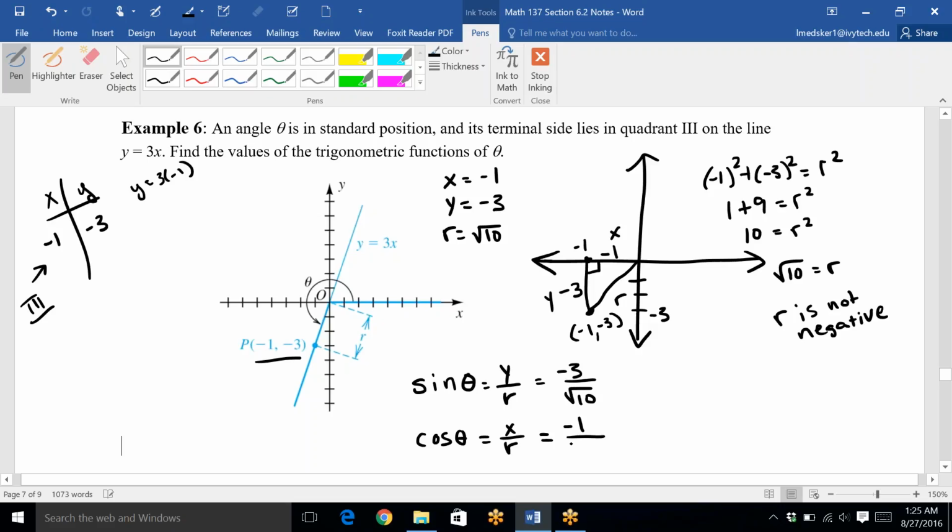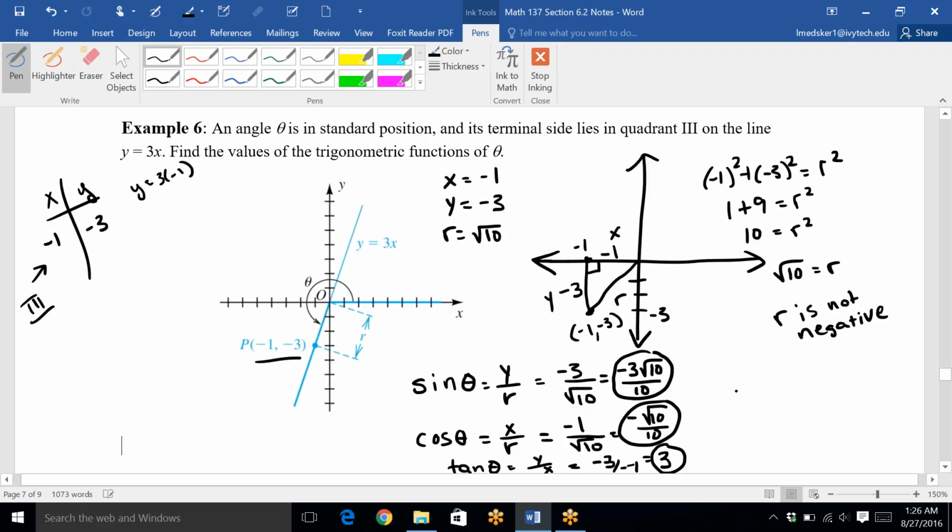So negative 1 over the square root of 10. Tangent is y over x, so that would be negative 3 over negative 1, or just 3. We can rationalize these, multiply by square root of 10 on top and bottom. So that would make that negative square root of 10 over just 10. This one would be negative 3 times the square root of 10 over just 10.